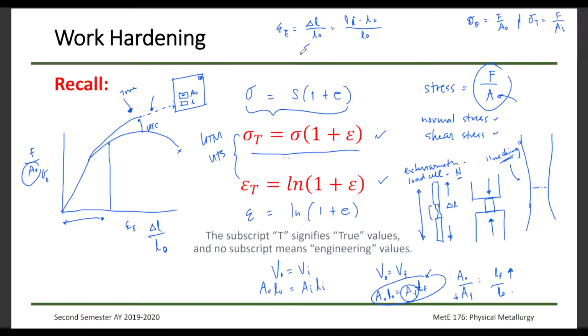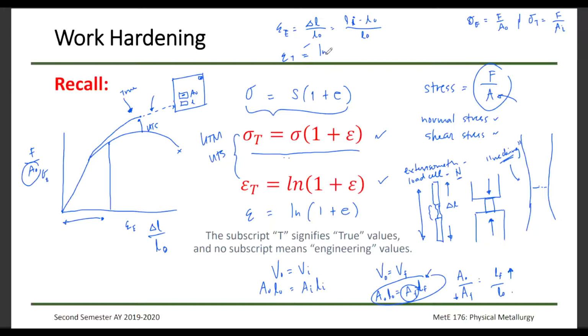Now, the way we calculate the true strain is that instead of using a change in L value over the original, what we do is take the incremental, infinitesimal changes of the length as it is being expanded.